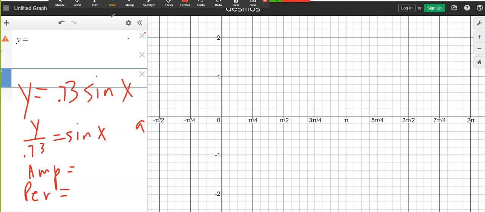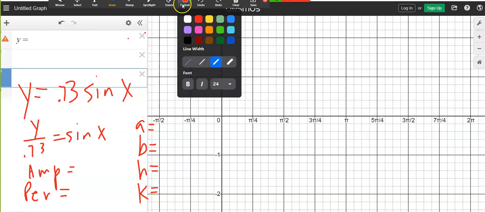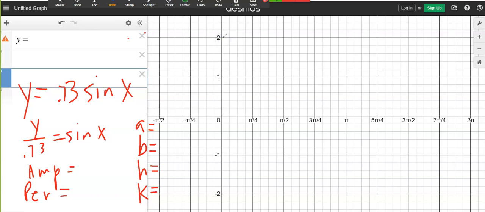Actually, you know what I'm going to have you do first? This is what I have all my students do. I want you to find A, B, H, and K. So I want you to identify those 4 things. Let me write down the form really quick. Do you understand the generic form of that?